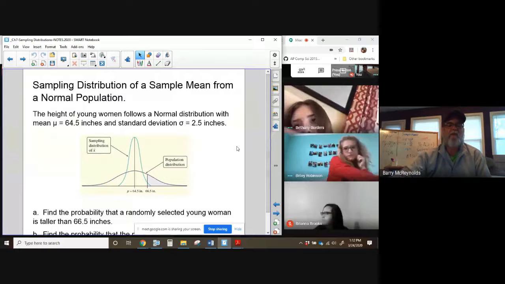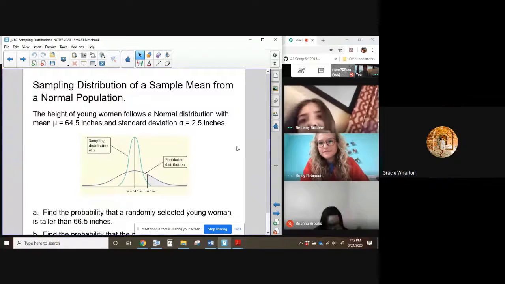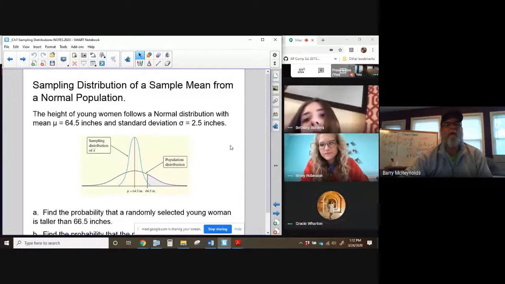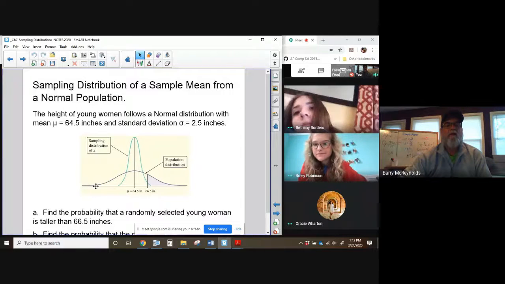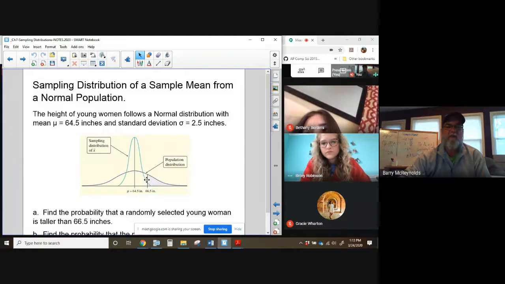It should be the same thing you see on page 448. Yes. Okay, yep. So the distribution on the bottom is the population distribution. Okay, so that is the distribution from which we drew the sample. Here's the goalpost, 66.5 inches that we're looking for.